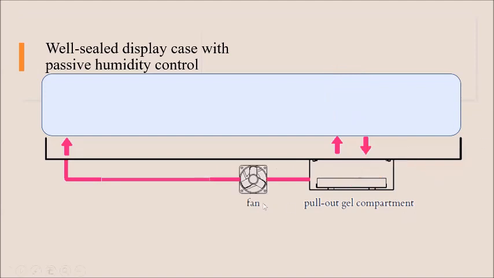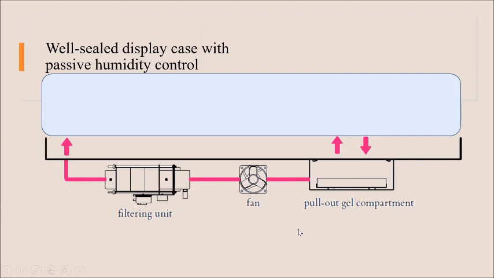Now this setup can be improved if we add a little fan. It will increase the airflow and the frequency with which the humidity is being controlled in the display case. And we can also add a filtering unit to this setup to filter the air of any unwanted particles or impurities.